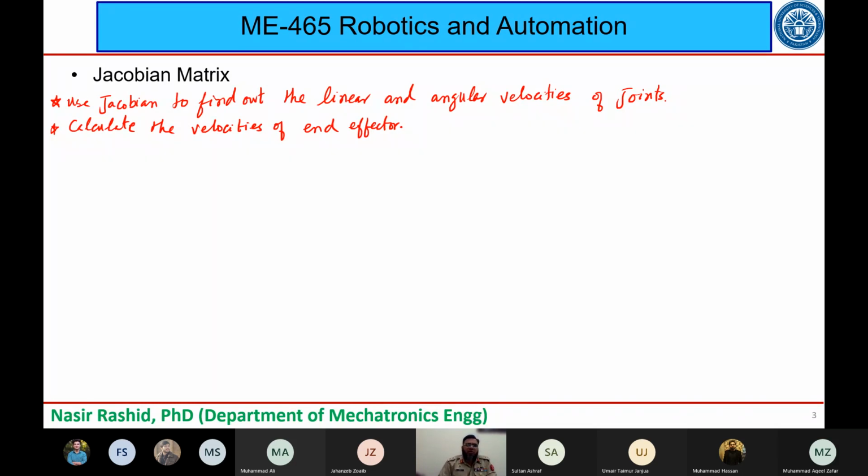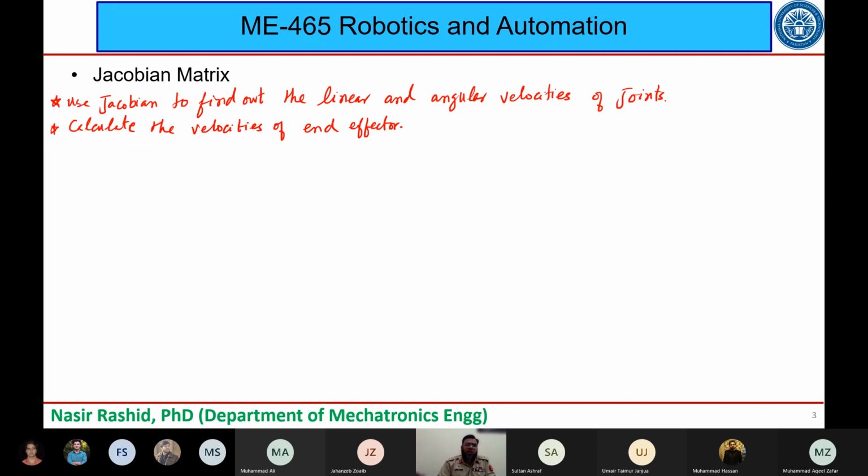Today we will be calculating the velocities, which are the linear and angular velocities of the end effector, caused by the movement or rotation of different joint variables.